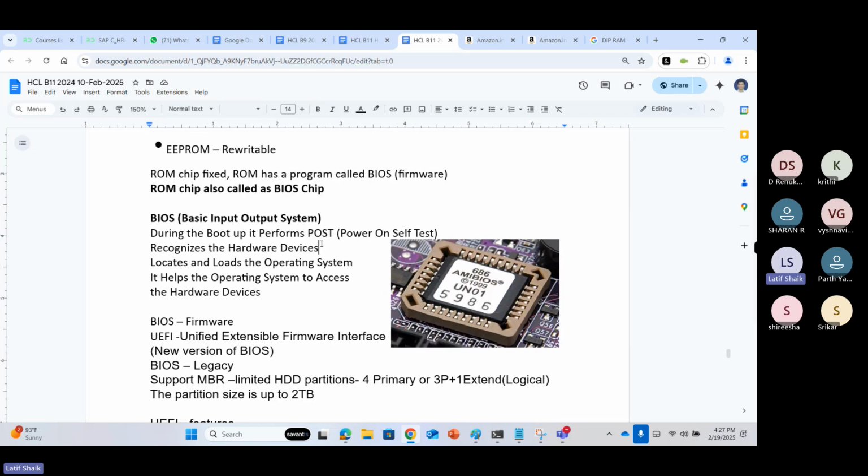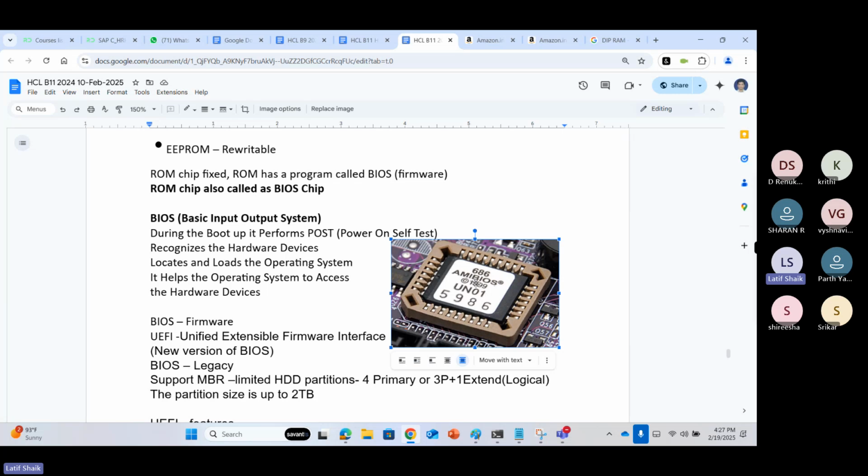Simple to understand, guys. What does this BIOS chip contain? It contains some instructions and your hardware related data. The BIOS chip contains some instructions, so that when you power on your system, it loads those instructions to do certain tasks like POST operations.